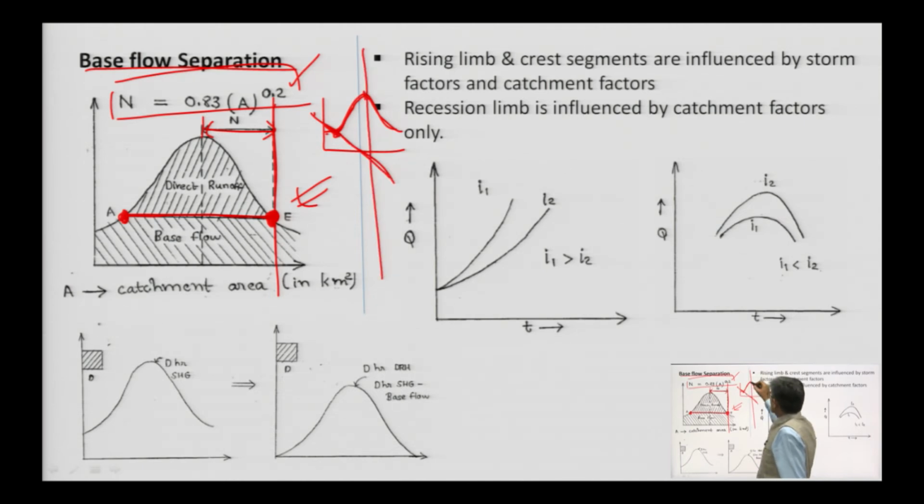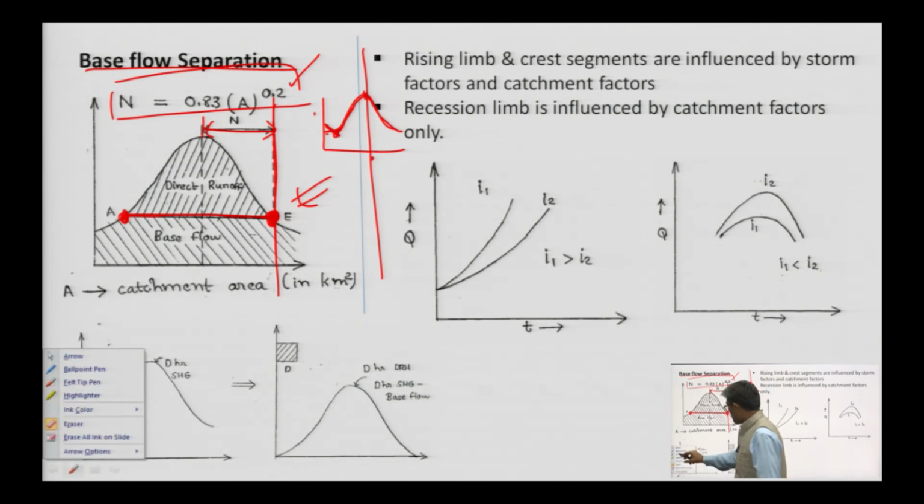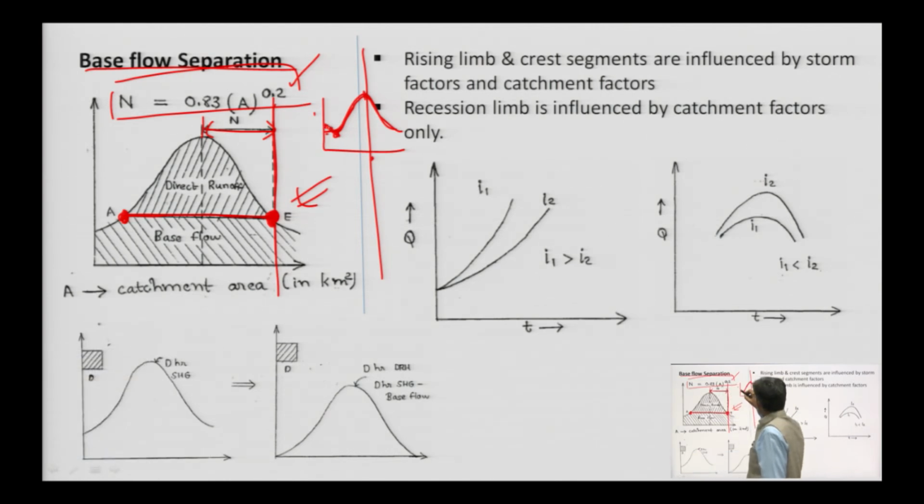Drop a perpendicular through the crest. The slope is like this, so the extended line is this. So, drop a perpendicular at N distance.